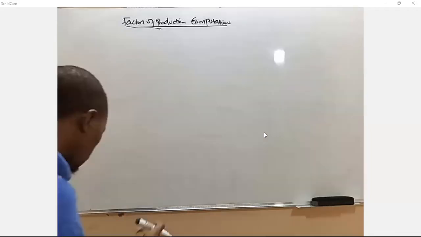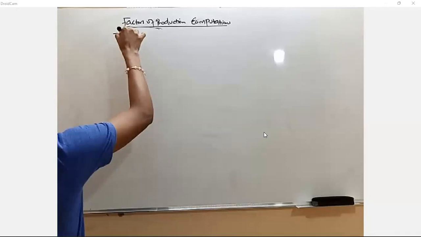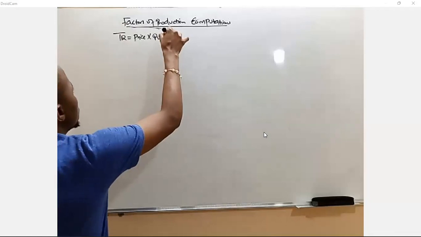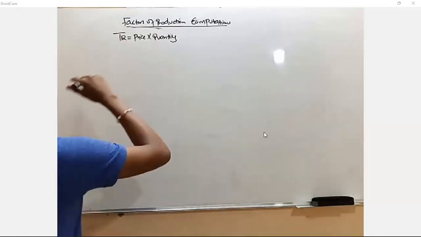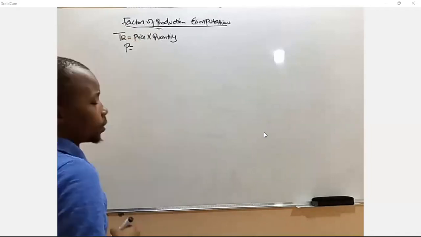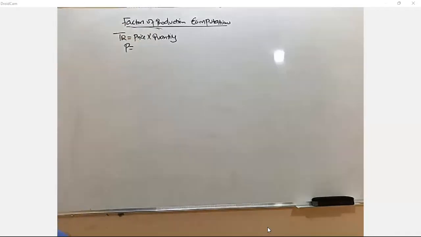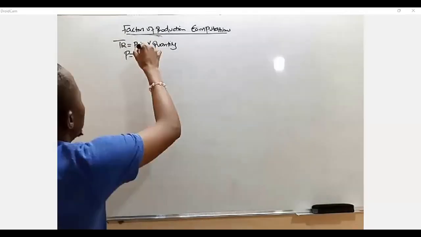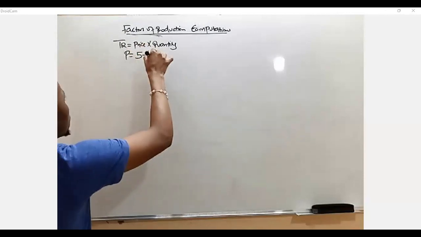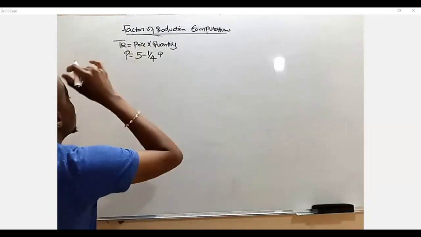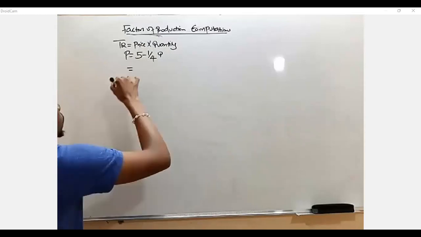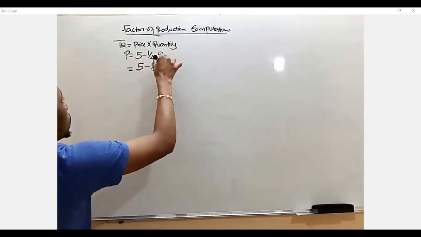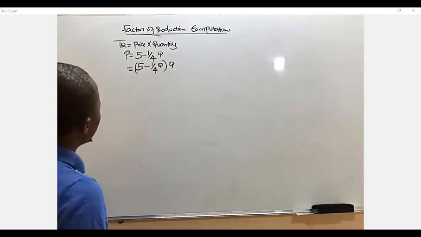To get our total revenue, we normally take the price multiplied by the quantity. Because I can see the examiner giving you the price function here. What is our price function? The price function is given by 5 minus a quarter Q. So it means I have to take my price function, which is 5 minus a quarter Q, and multiply by Q so that we can get the total revenue function.